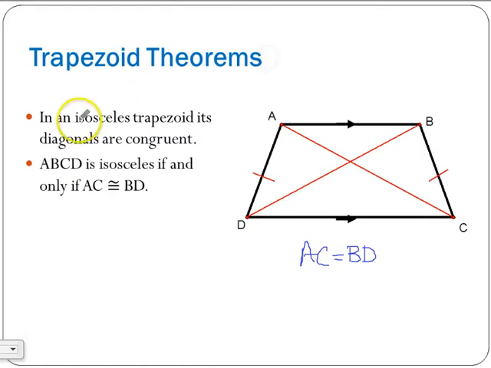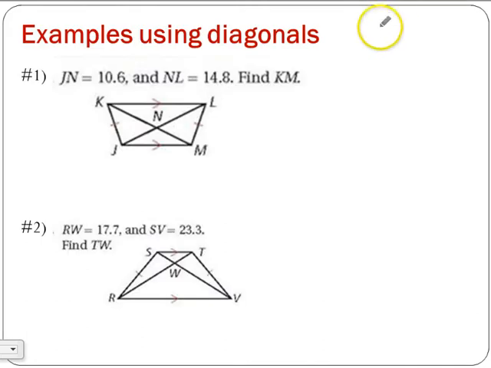And that's for isosceles trapezoids, by the way. Make sure that it's not for all types of trapezoids, specifically isosceles trapezoids. So if you can prove that the diagonals are congruent, then you've proved that you're working with an isosceles trapezoid.